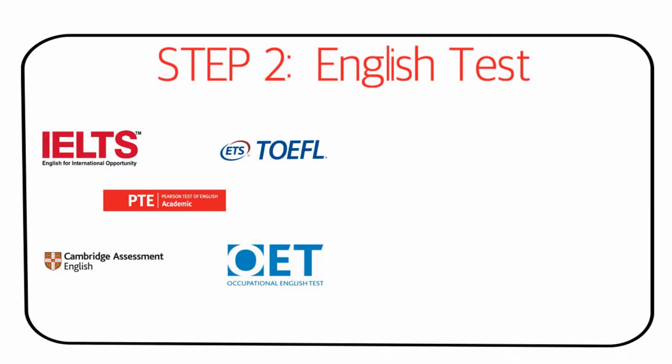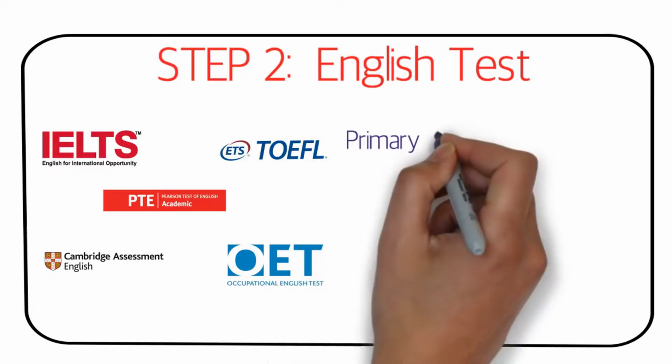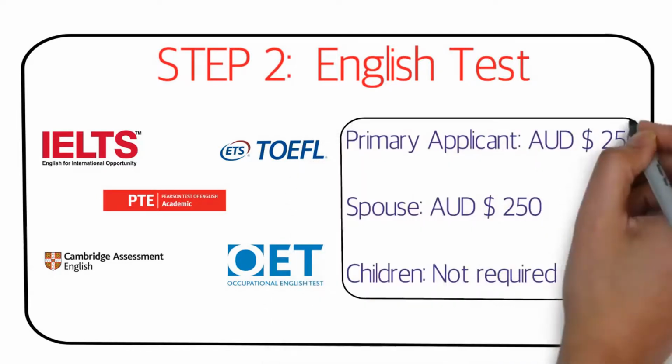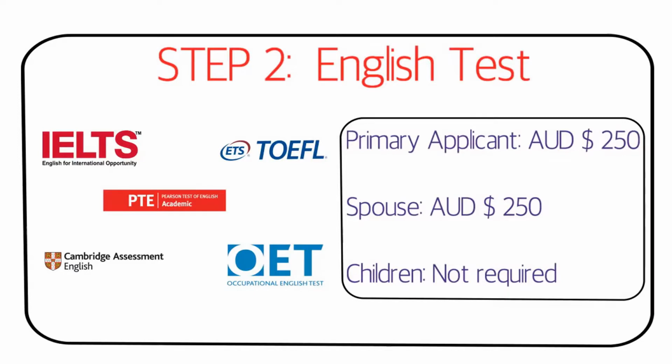The cost might differ from one country to the other, so I have tried to list the costs in Australian dollars because it's a video for the Australian PR. For the primary applicant, it would cost you something around 250 Australian dollars. Similarly, if you have a spouse who's also applying, the same amount applies for the spouse as well, and for children, it's not required.